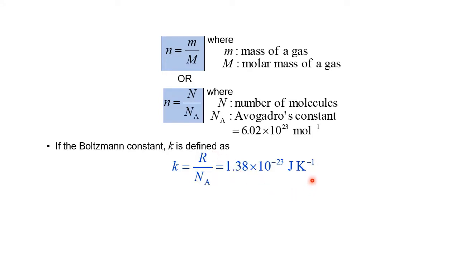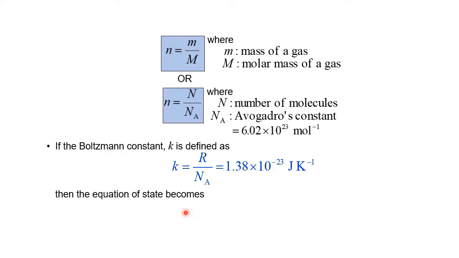Sebab tu nilai dia lain. Nilai k dan nilai R ni ada dalam list of constant value untuk final exam nanti. So tak perlu hafal lah sebenarnya nilai k dan R. So k equals 1.38 times 10 to the power of negative 23.